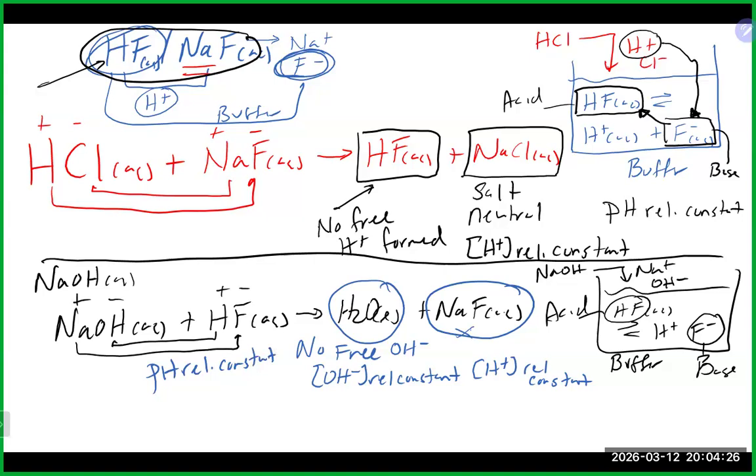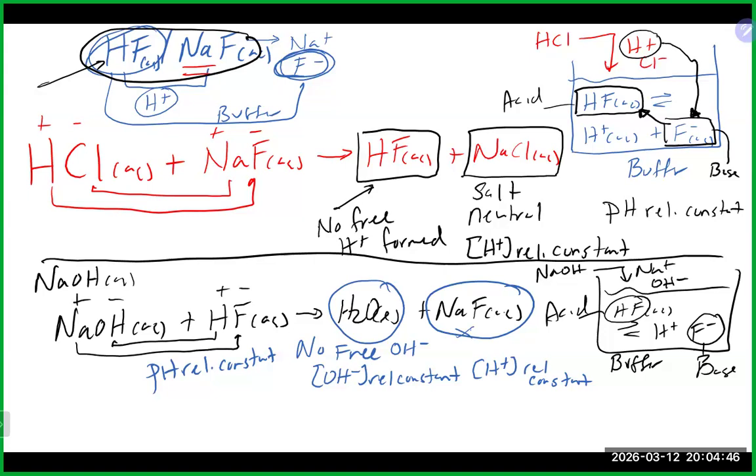So the way a buffer is really able to function is it is able to tie up any free H plus from entering the solution when you add an acid. It's able to tie up any free OH minus in that solution when you add a base.